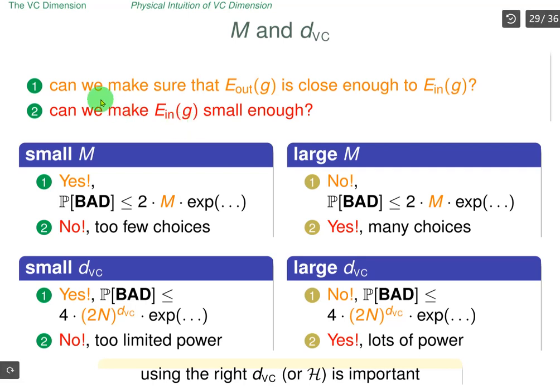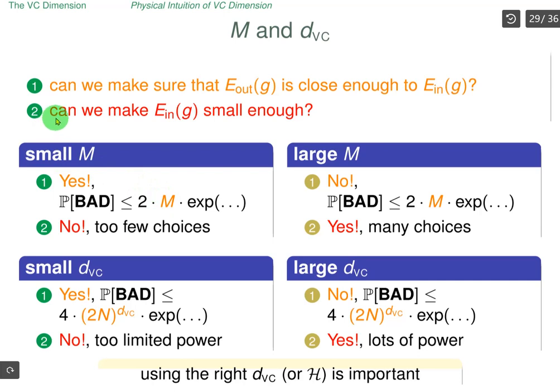We answered these two questions using the trade-off with M, the possible number of hypotheses, the size of the hypothesis set. We said that small M leads to yes for the first question because the probability of a bad event is small, because M is small here.